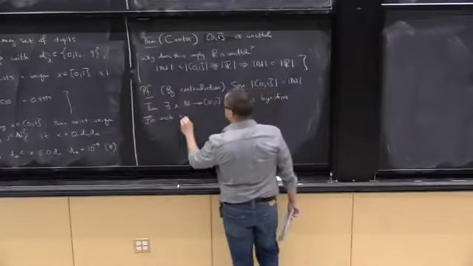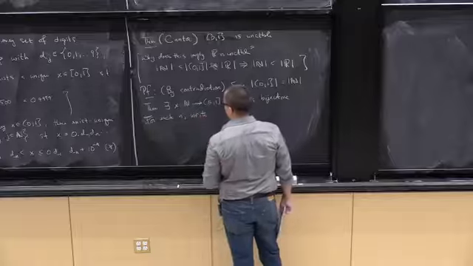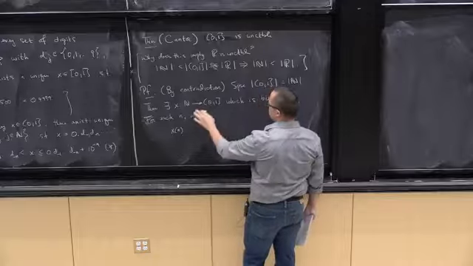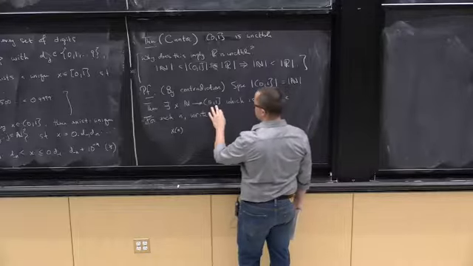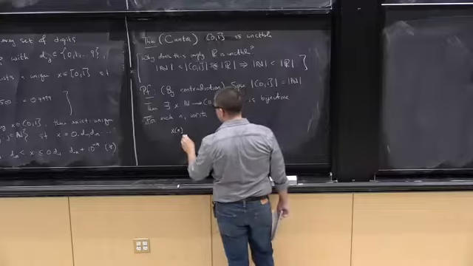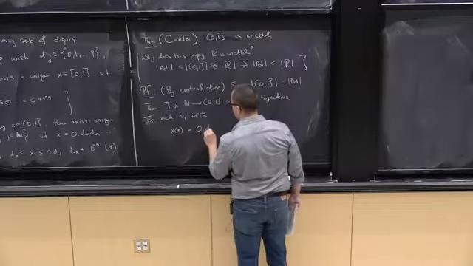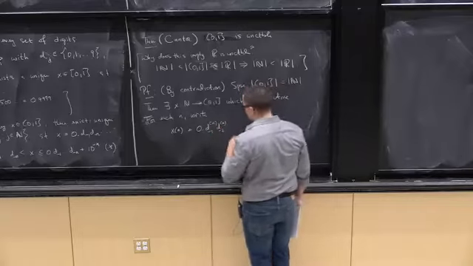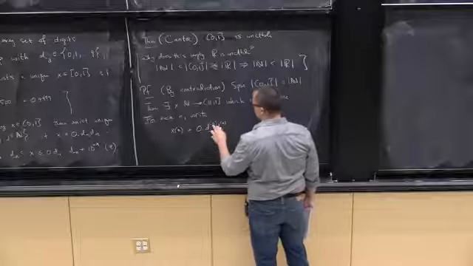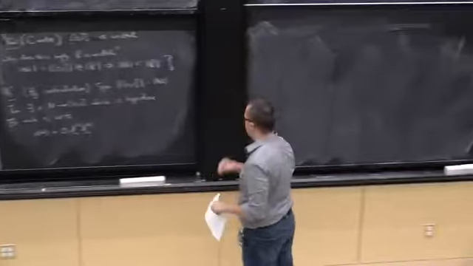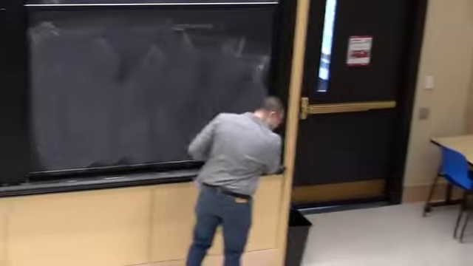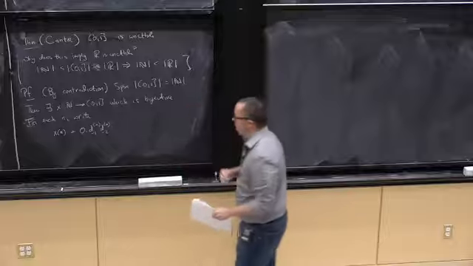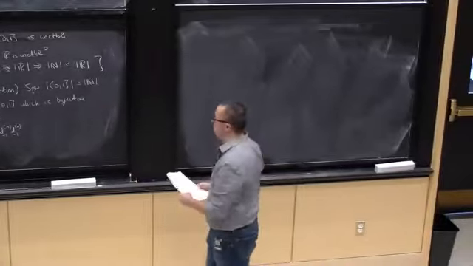For each n, we write x of n. So this is an element of 0, 1. So this is bijective, so every element in 0, 1 gets mapped onto. So we write x of n in its decimal representation. I have two indices now, one for the digit place and one for which n.